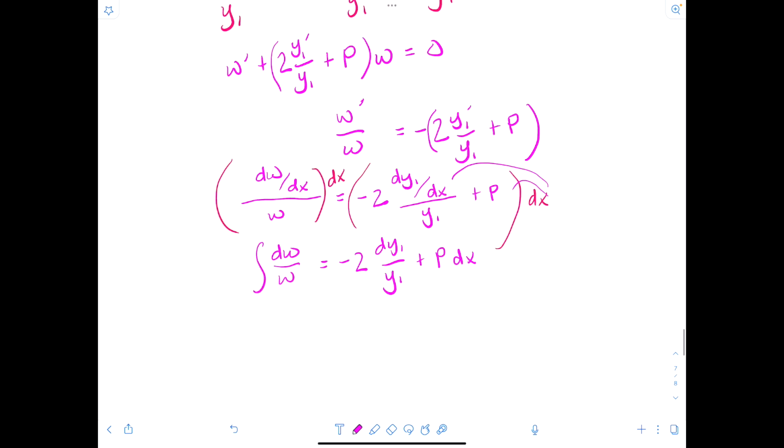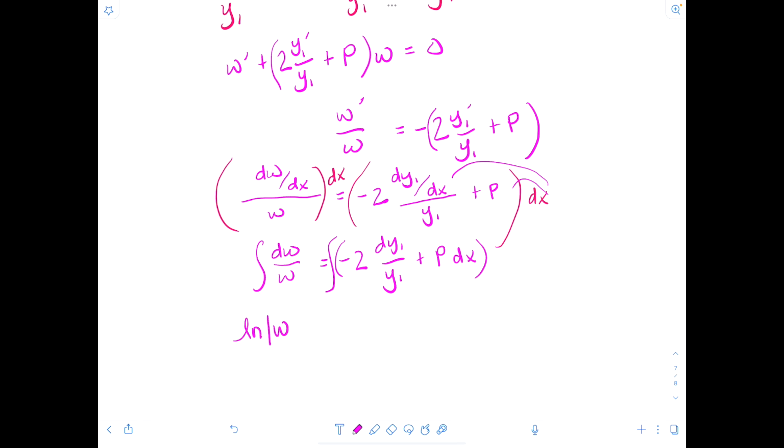And so when I integrate, well, I'll get natural log absolute w is equal to negative 2 natural log absolute y1, because now I'm integrating 1 over y1 with respect to y1.